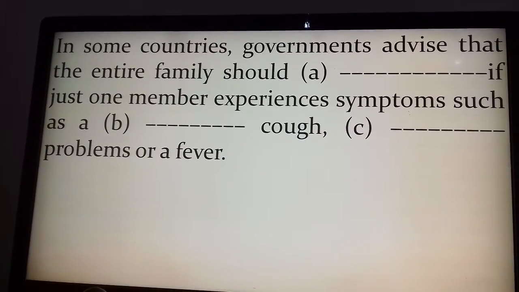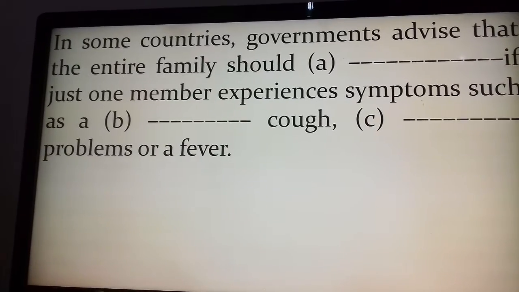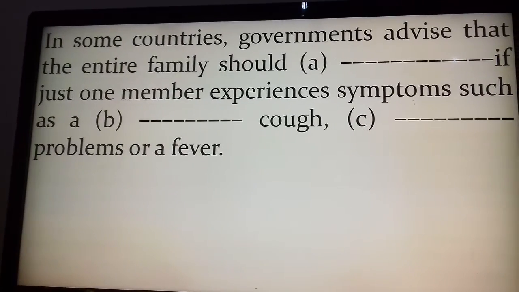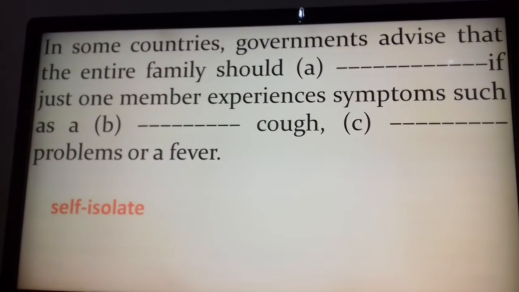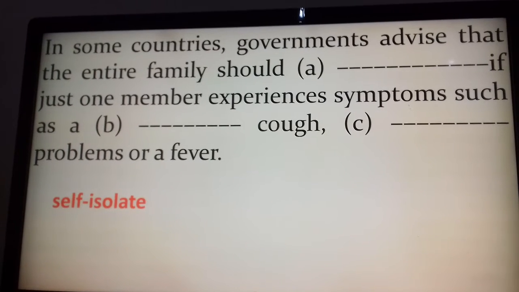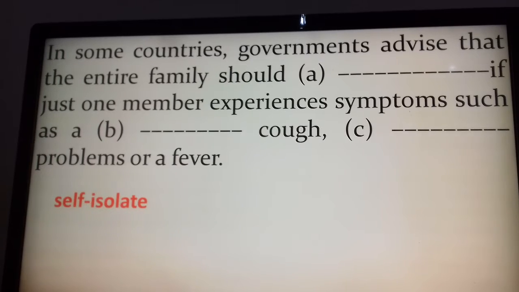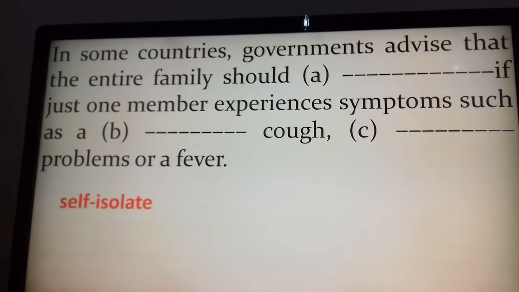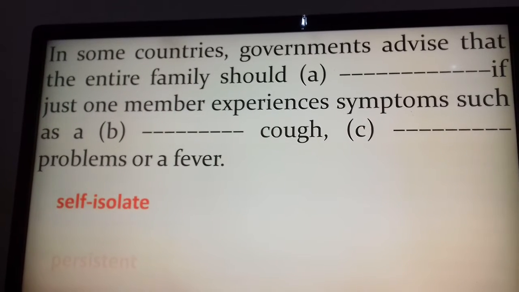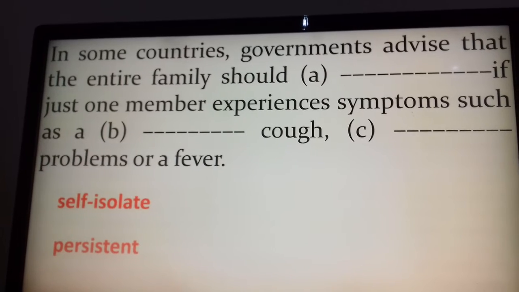So, in some countries, governments advise that the entire family should, if just one member experiences symptoms such as cough, problems, or okay. The first word is isolate. Now, try to get the second word. Isolate. Self-isolate. Should self-isolate. Now, the second word, symptoms such as, you try, my dear listeners, a persistent cough.